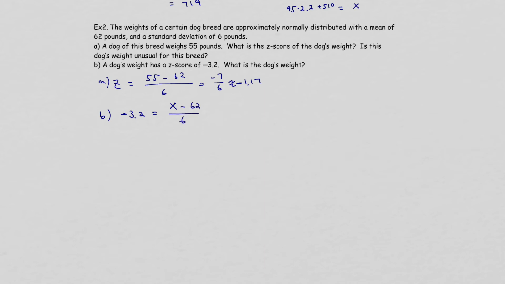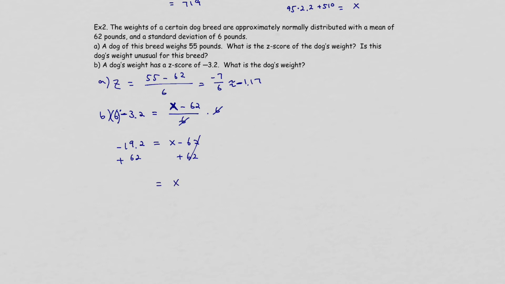62 over 6. So in order to solve for x, you're going to multiply both sides by 6 first. This is multiplication, right? So then you're going to get negative 19.2. And in order to isolate x by itself, you're going to add 62 to both sides.